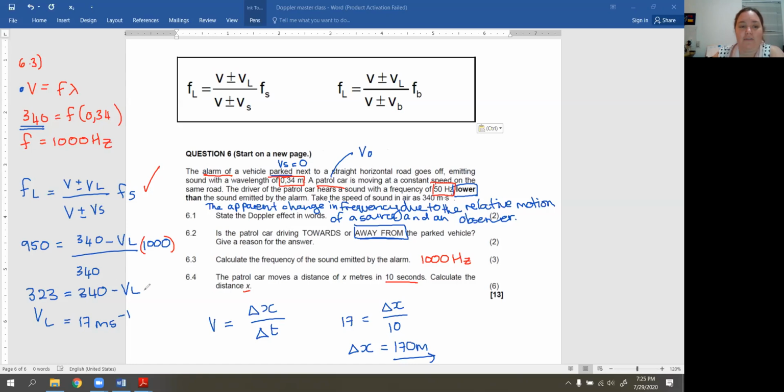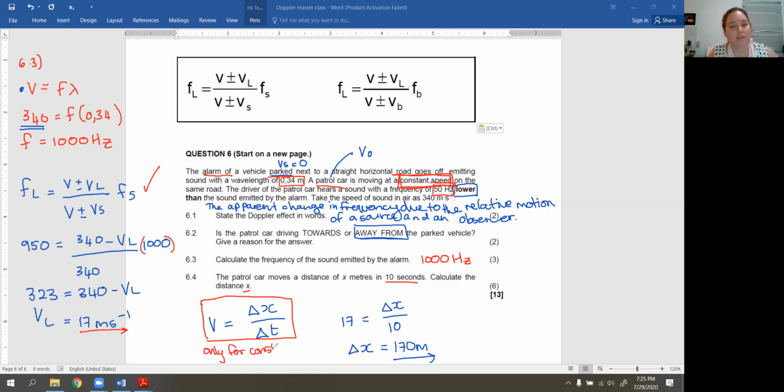So you then plug everything in and you get an answer of 17 meters per second. What you then have to do is go back to what we were told, that he drives at a constant speed. I don't encourage my students to use this formula very often because a lot of people use it when there's an acceleration and then it doesn't work. So this equation is only for constant velocity.